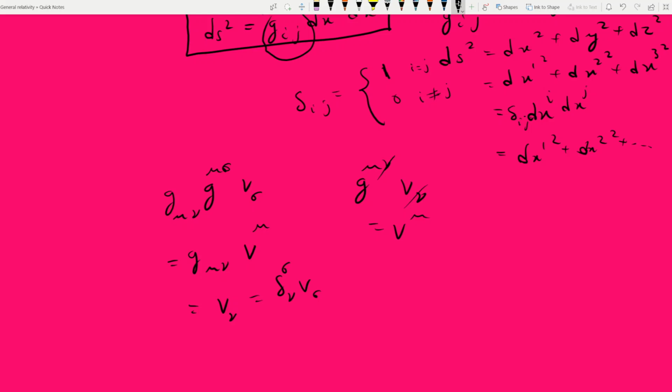So we're forcing sigma to be equal to nu, so this is basically v nu, because all the other components, say, this equation is summed over sigma, right? So this should be delta 1 nu v1 plus delta 2 nu v2 plus dot dot dot.